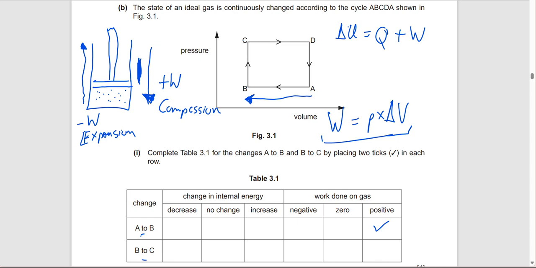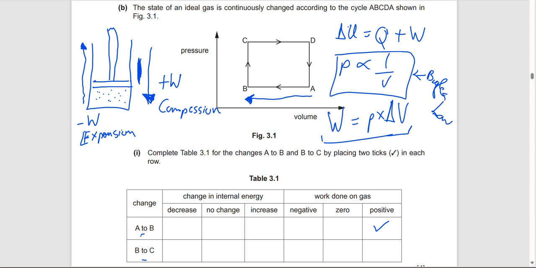Remember Boyle's law: pressure is inversely proportional to volume. So as the volume decreases, the pressure should increase.